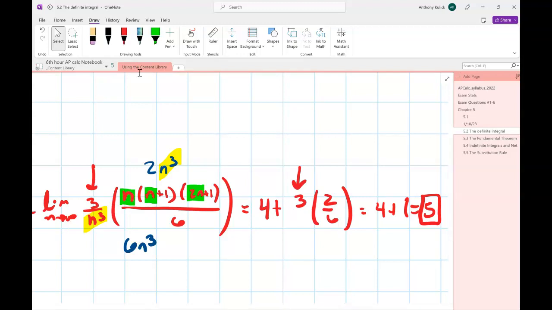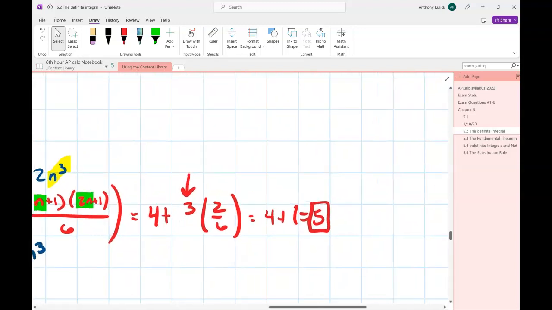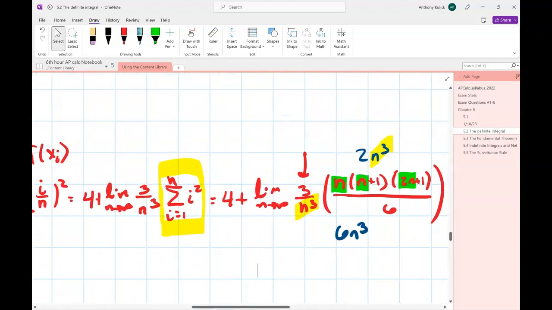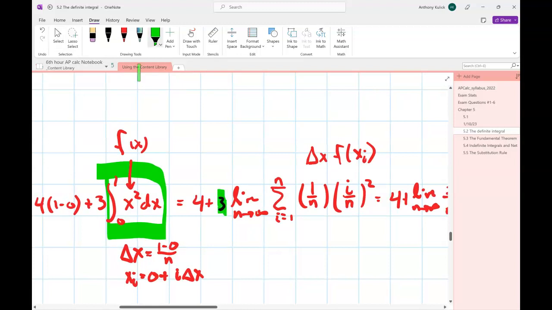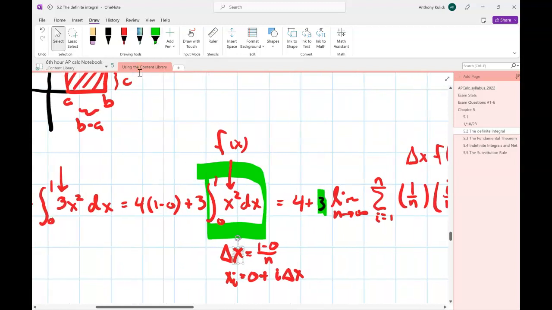Victoria, when you see the 3 over n cubed, how did you do that? So the 3 is just this 3 that I pulled out from way back here.